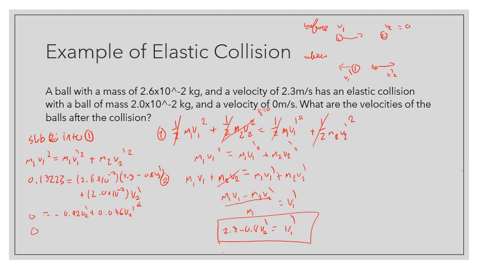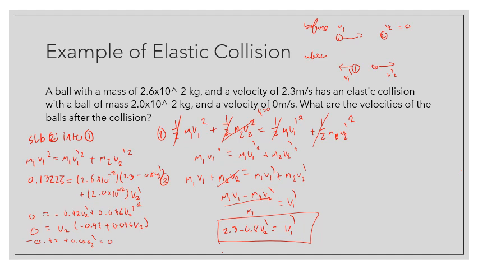So 0 is equal to v2 prime times (negative 0.92 plus 0.036 v2 prime).